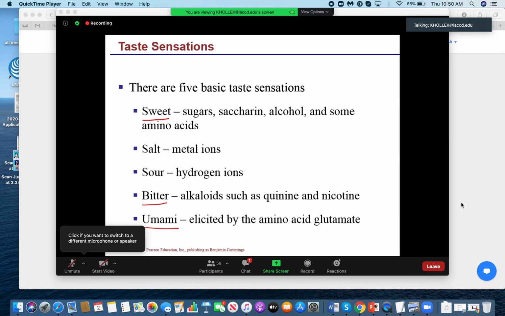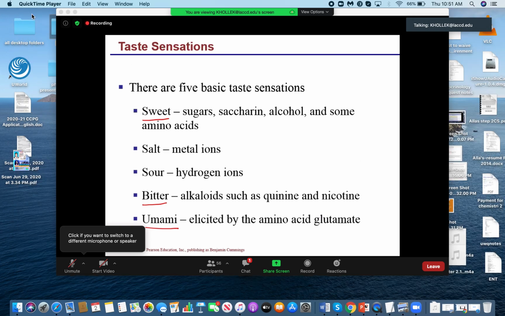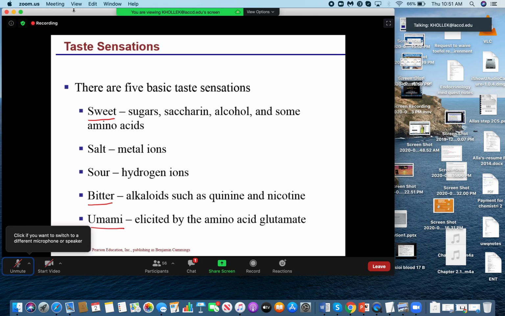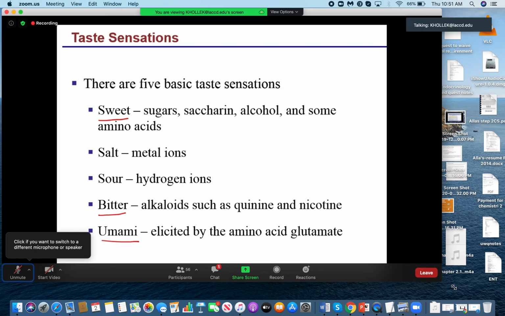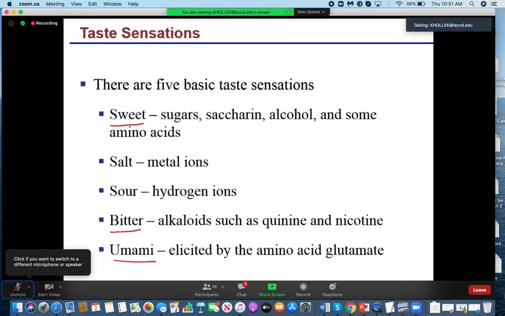I don't know if you ever had an umami burger and whatnot. They have a unique taste. It's not really salty, not really bitter, none of the above. Japanese scientists discovered this, and it is elicited by the amino acid glutamate. As you know, glutamate was one of those amino acids involved in the EPSP, excitatory postsynaptic potential.